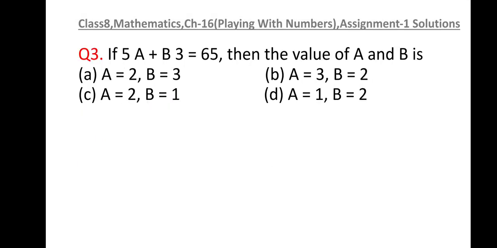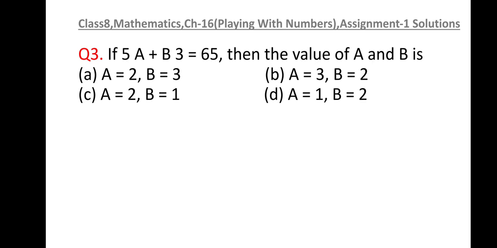Coming to question number 3. If 5a plus b3 is equal to 65, then the value of a and b is? These are the 4 options given to us and we need to find the values of a and b. This is a question based on the concept of letters for digits, and we have learned the rules that any letter given in the question can take a value from 0 to 9.